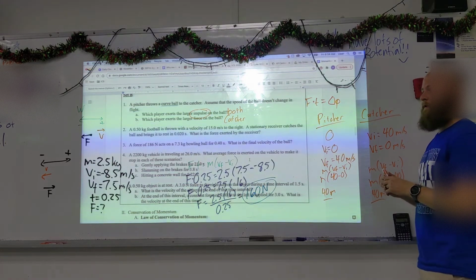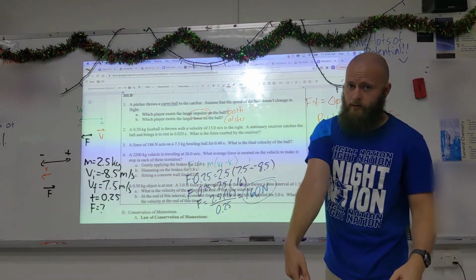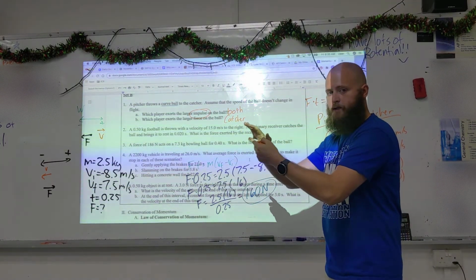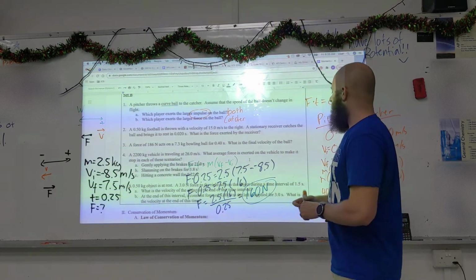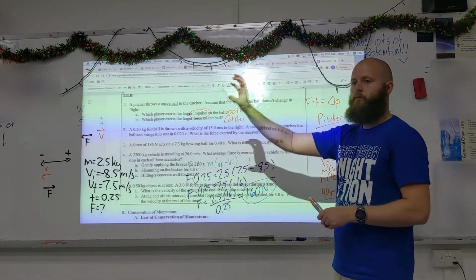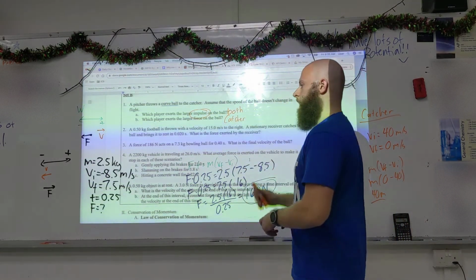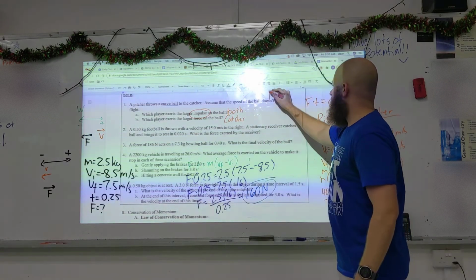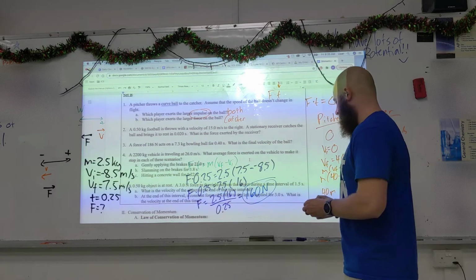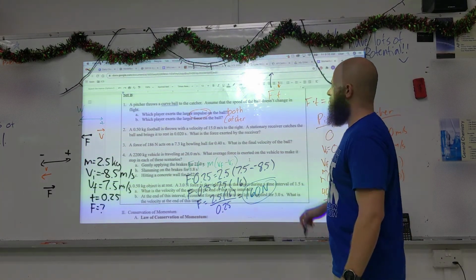Another way to think about this is what takes longer to do, this whole motion where the pitcher is throwing, or the catcher, where it's just that very short amount of time as it hits his hand and stops. Well, the catcher is going to have much less time to go from moving to stop, whereas the pitcher has a long windup to throw the ball and that follow through. So if I have this F times t, the catcher is going to have a very short amount of time, and short time means the force has to be much bigger.